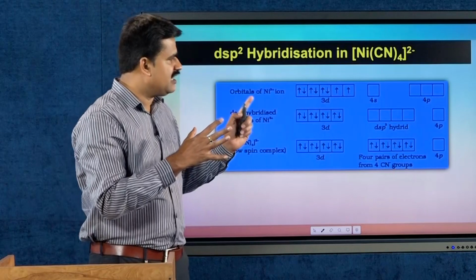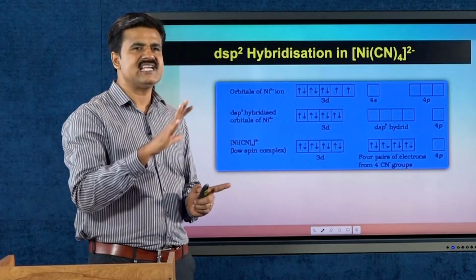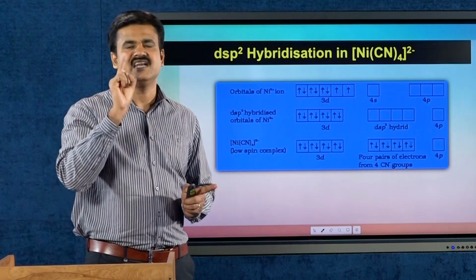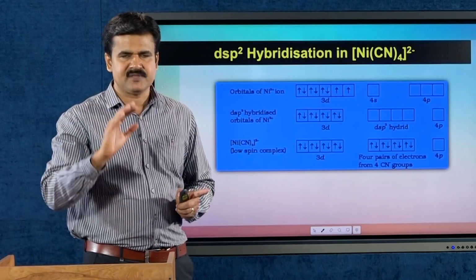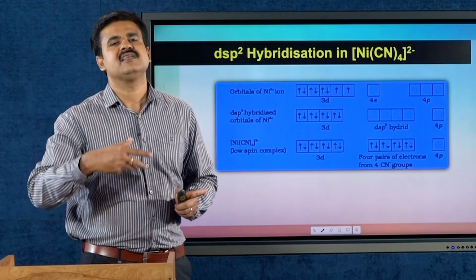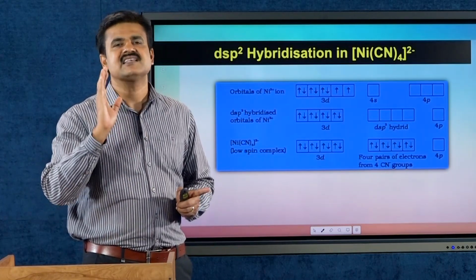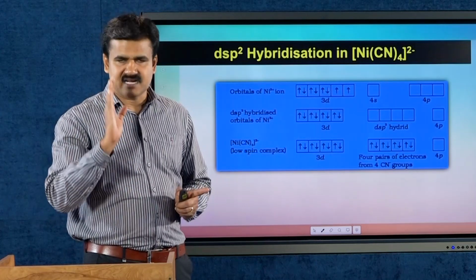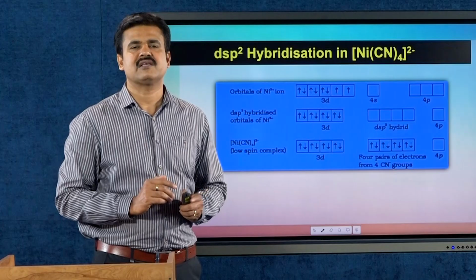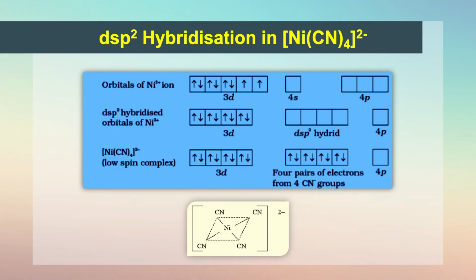So, in nickel 2+ of [Ni(CN)4]2-, there are 4 vacant dsp2 hybrid orbitals. To these vacant dsp2 hybrid orbitals, electrons are donated by cyanide ions. They are ligands and lead to the formation of [Ni(CN)4]2-. This [Ni(CN)4]2- exhibits a square planar geometry as shown here, and the bond angle here is 90 degrees.